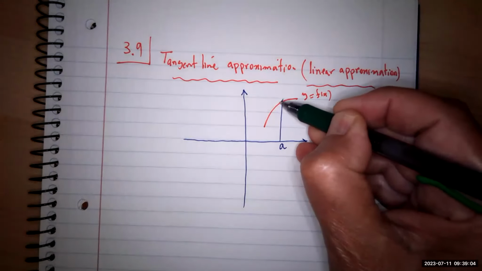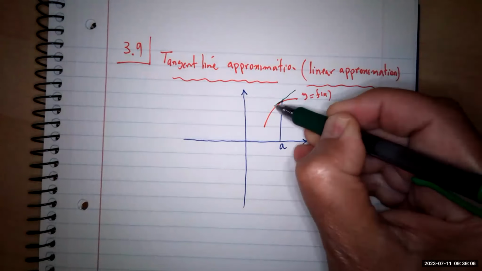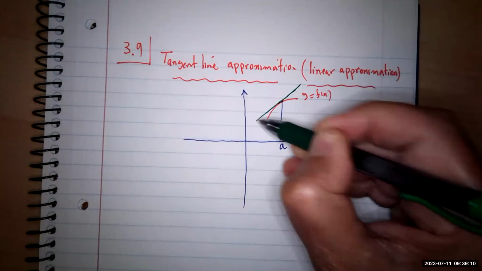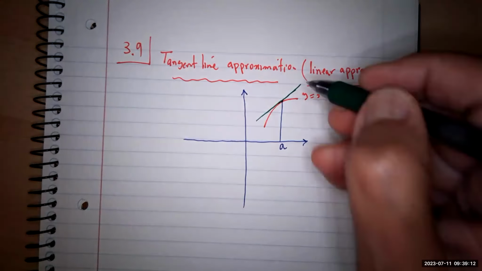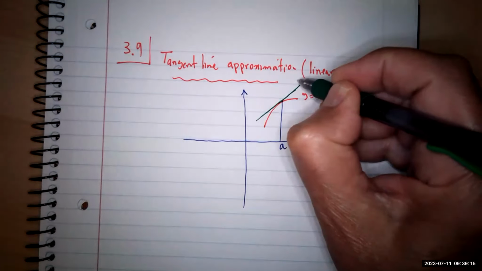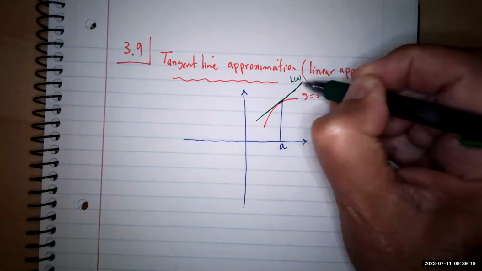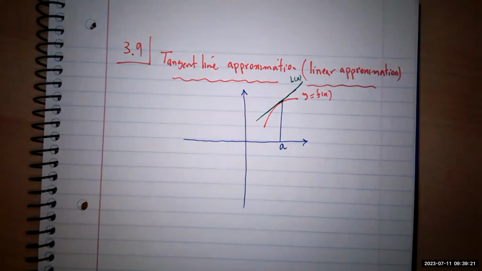So this is going to be the tangent line. I'm going to call this one L of x, which is simply the tangent line.